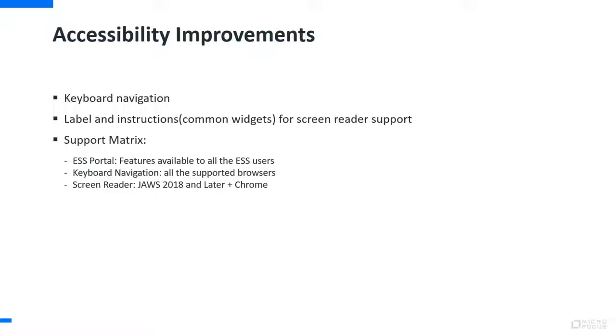So in this release, we mainly focus on two areas. That's a very common requirement around accessibility. The first one is about keyboard navigation, and the second part is about the screen reader. For keyboard navigation, we support all the supported browsers in the SMA, but for screen reader, please note that we mainly focus on JAWS 2018 or later versions plus Chrome, because during testing we found a lot of limitation issues in IE.